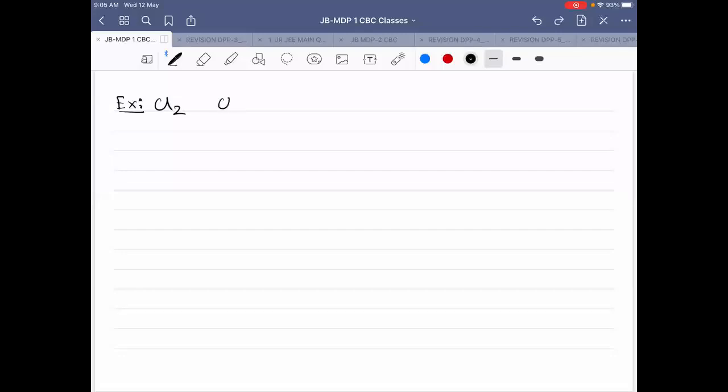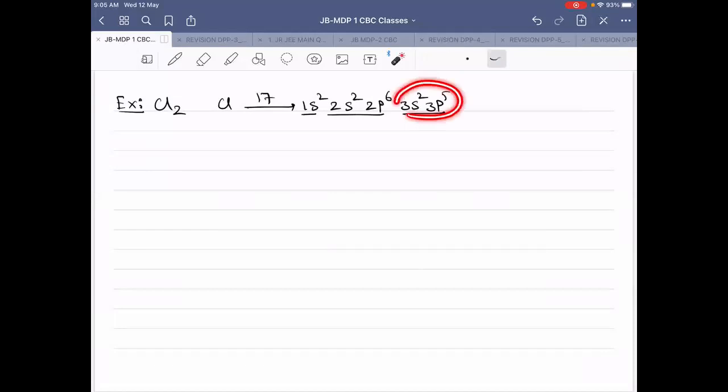Chlorine atomic number is 17. And if you write its electronic configuration, 1s2, 2s2, 2p6, this is the first shell, second shell. Then third shell I am writing 3s2, 3p5. So in the valence shell, that is the third shell, 7 electrons are present.